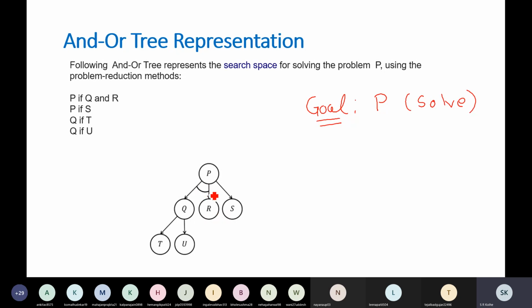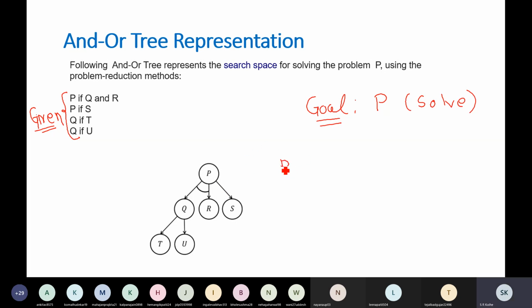We will connect this Q and R together by this AND type of arc. But P can be solved by, this is given to you. From the problem we come to know this knowledge. This is given. P can be solved if you can solve S. So therefore OR type of arc out here.